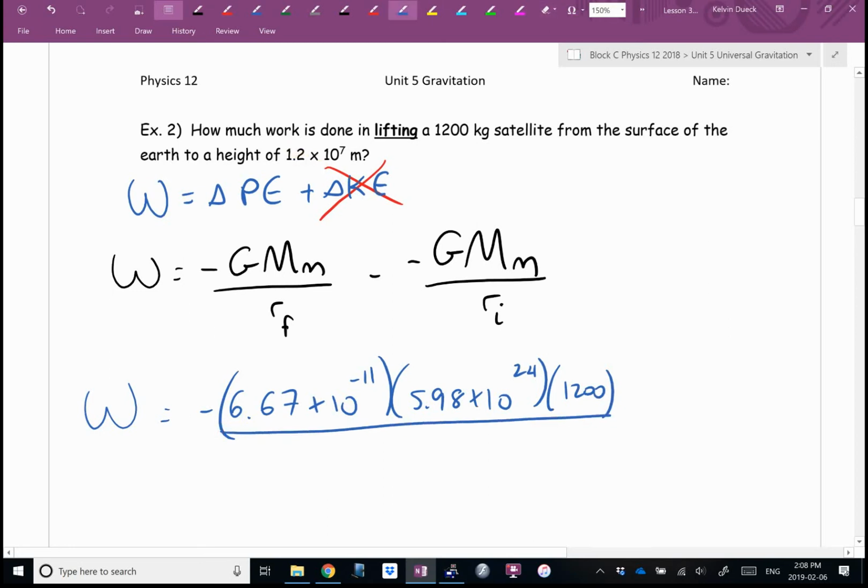First of all, that 1.2 times 10 to the 7th, is it in meters? Is it a radius or is it a height? Okay, so that means I've given you that distance. We want that distance. I'm going to have to add the radius of the Earth. On the bottom of the first fraction, it's going to be the height plus the radius of the Earth.